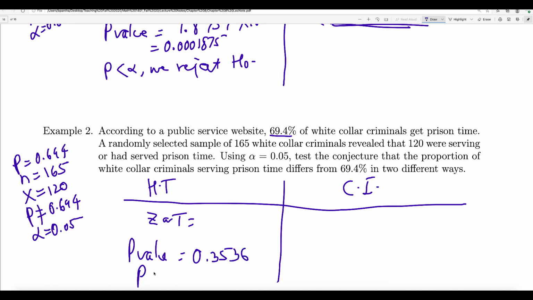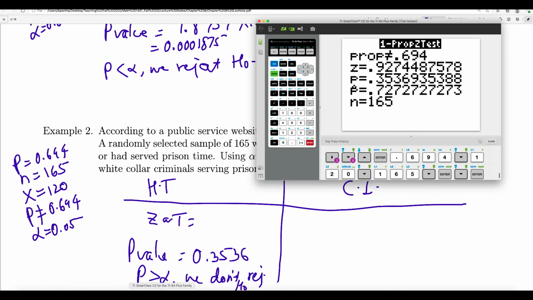So z is the test value, we denote it by z or t, and then the p value is 0.3536. So the p value is greater than alpha, so we do not reject H0. We do not reject H0 means what we should get here is that 0.694 should be included in the 95% confidence interval. But let me copy the test value there. That was 0.9274.